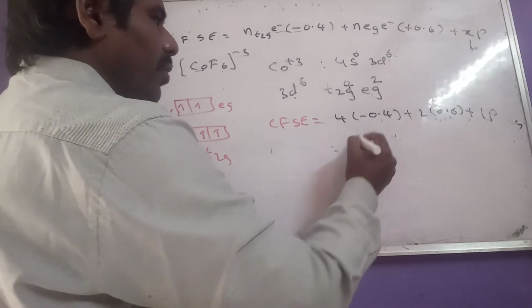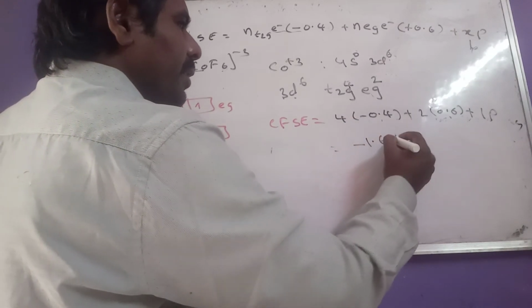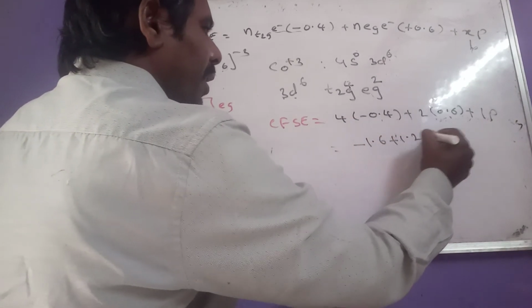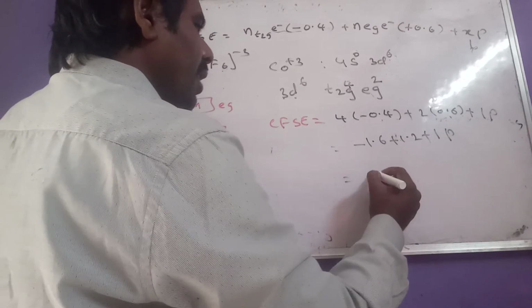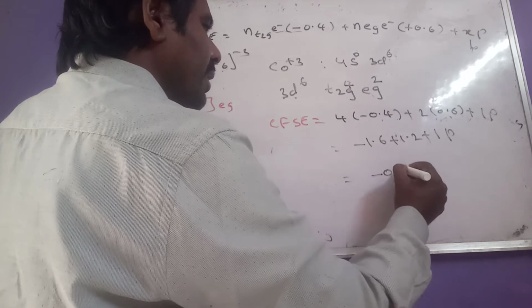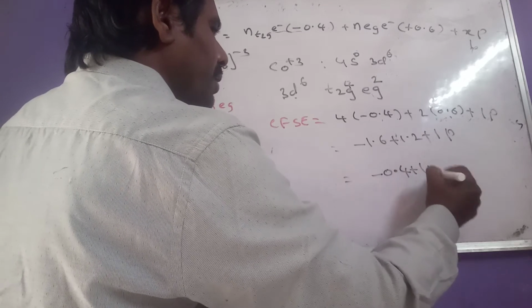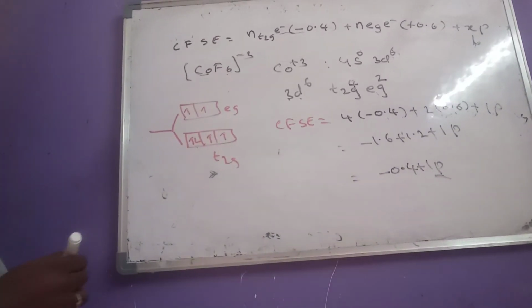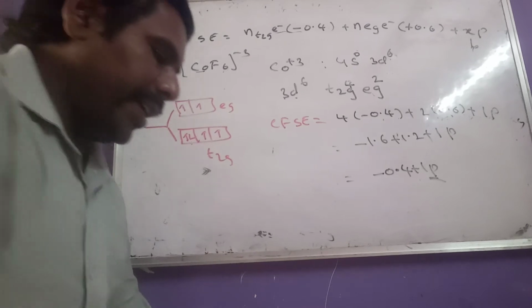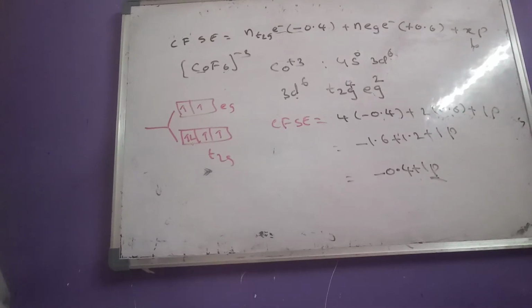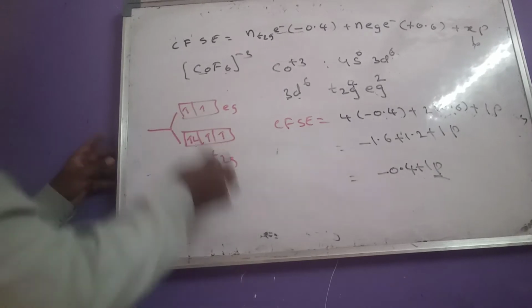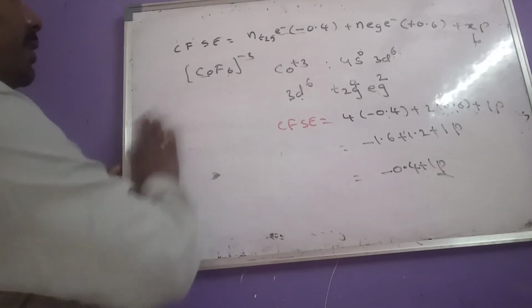Now the calculation: minus 1.6 plus 1.2 plus 1p. This comes to minus 0.4 plus 1p, the pairing energy. Like that we calculate the crystal field stabilization energy for CoF6 3-.